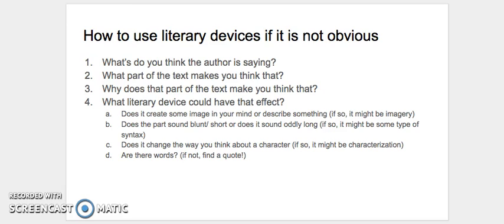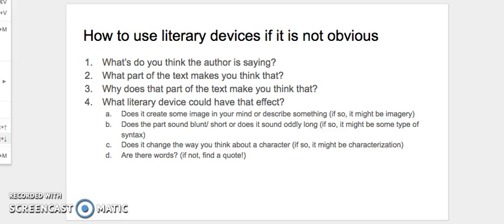So first, I ask them what they think the text is about, and once they've identified that, we go on to figure out what part of the text makes them think that. If there's a passage where some character describes their past, and it's associated with the theme that you're trying to argue, maybe that's a section that you decide to focus on.